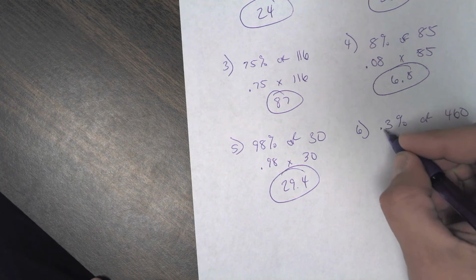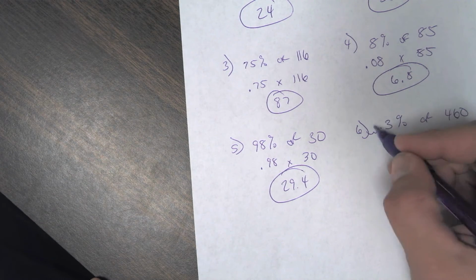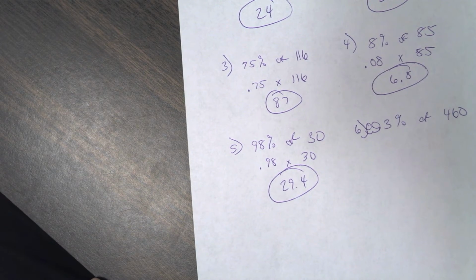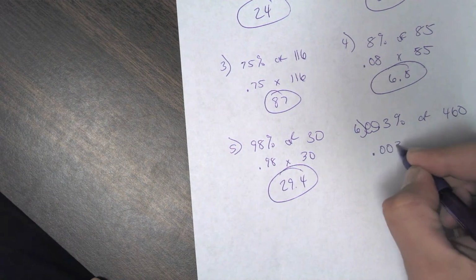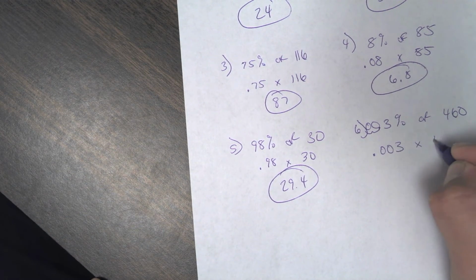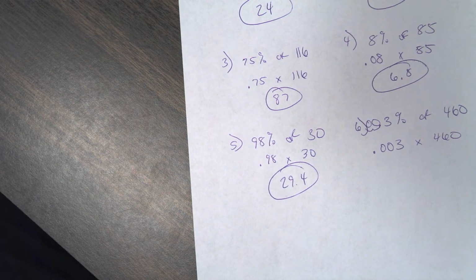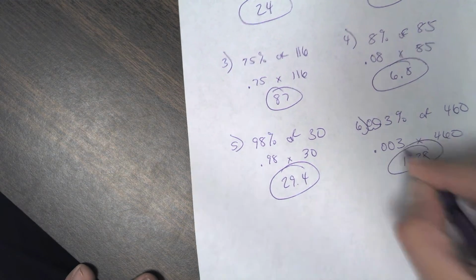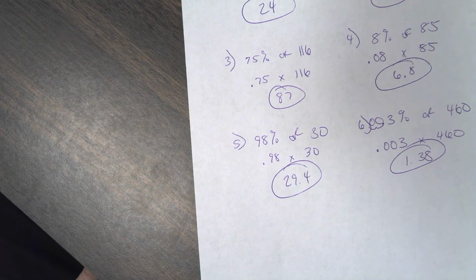If we're going to move it 2 times, 1, 2. What do those empty spaces mean? 0. So how many zeros do we have? 2. So it's 3 thousandths times 460. So it's going to be a very small number. So what is it? 0.003 times 460. 1.38. I think you're right. So that's how it's done.